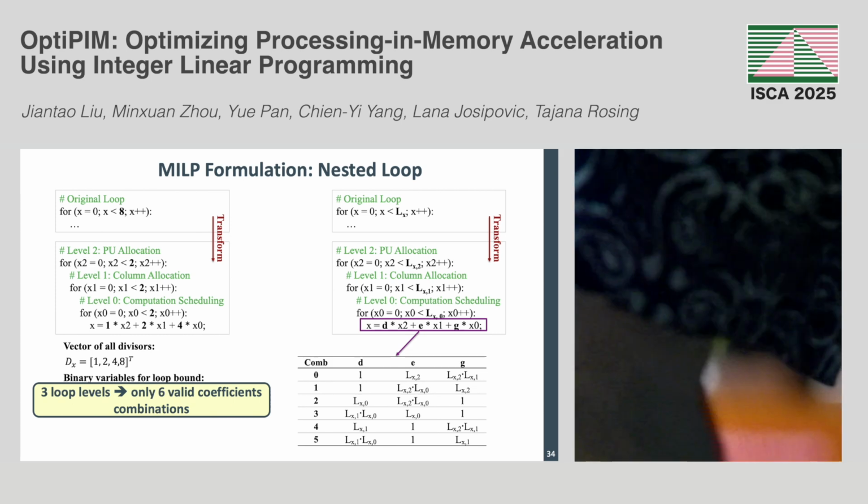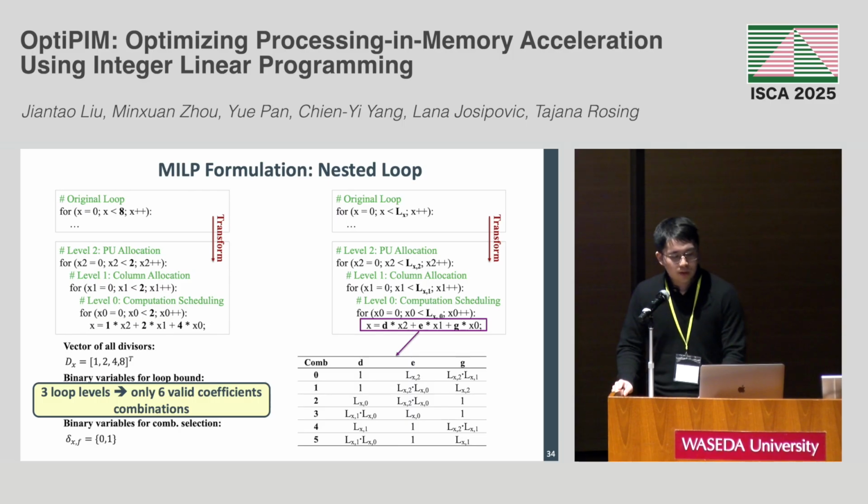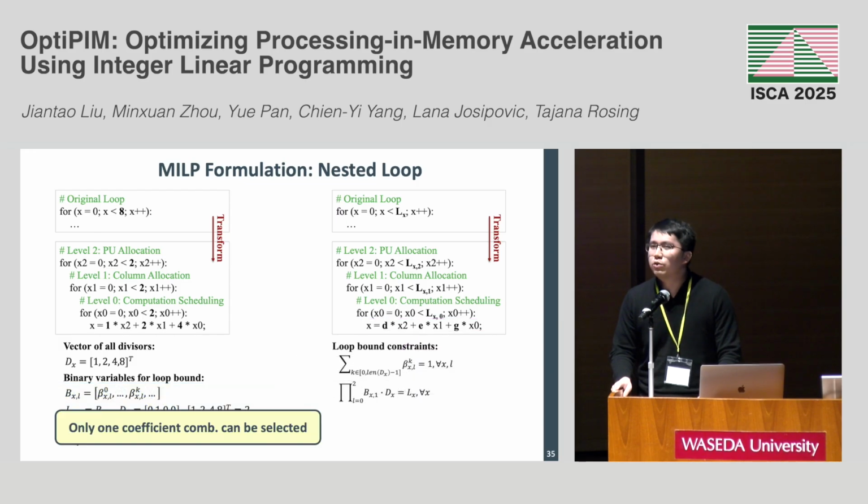And this finding can be generalized to an arbitrary number of levels. If you're interested, please check our paper for the proofs. And similarly, we use a bunch of binary variables to indicate which combination is selected. And of course, we need the corresponding constraint that for a valid transformation, only one of them can be selected in the final mapping.